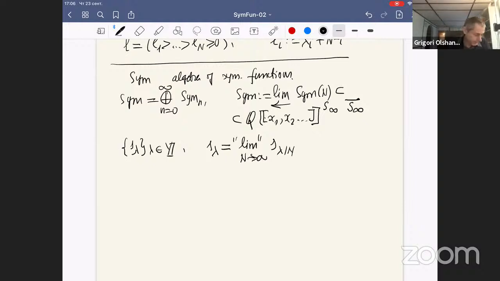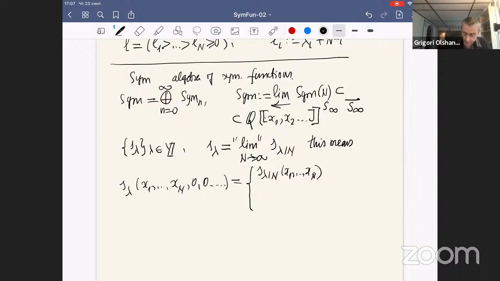How to understand this? This means that if you take the Schur symmetric function and substitute finitely many variables, which can be arbitrary, and the next variables are all equal to 0, then what do we get? We get the Schur polynomial in these x variables.